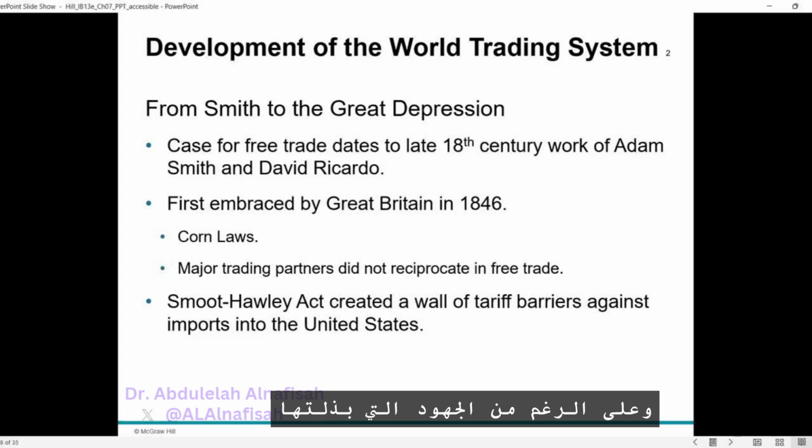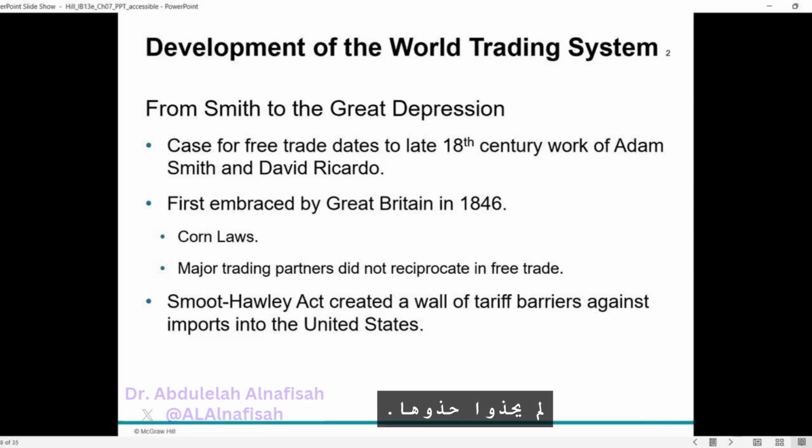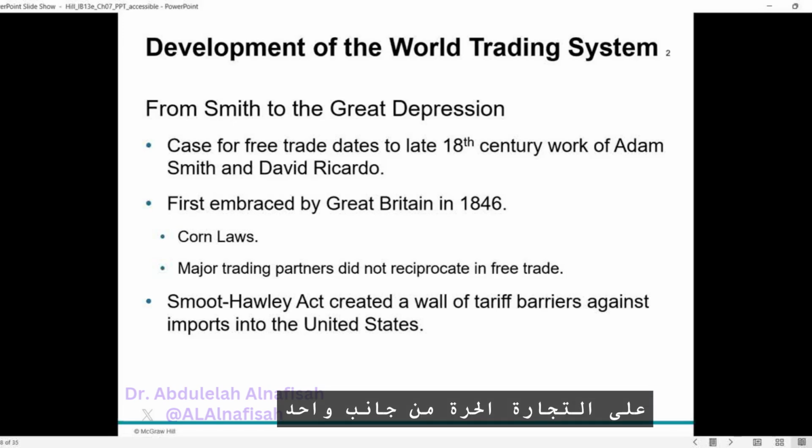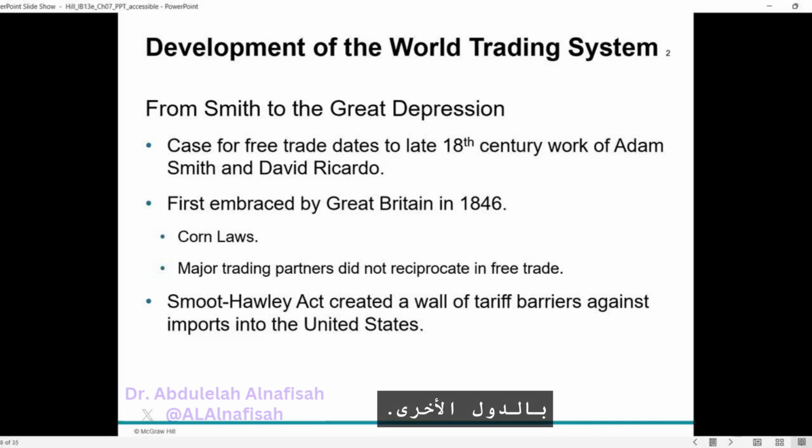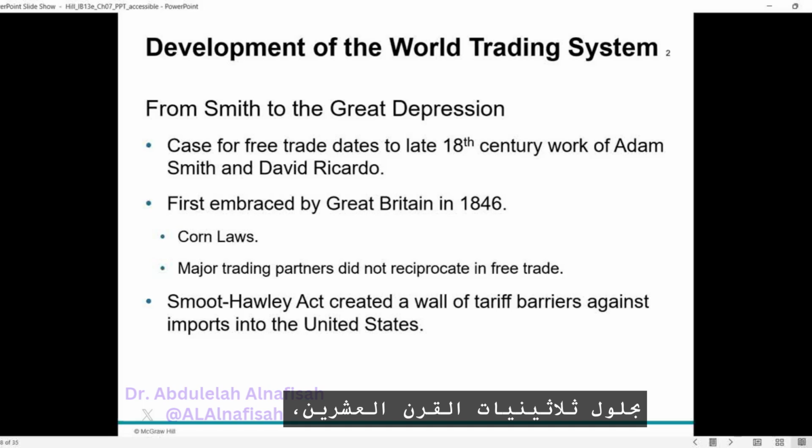Despite Britain's push for trade liberalization over the next 80 years, its major trading partners did not follow suit. Britain, as the world's largest exporter, maintained unilateral free trade because it had more to lose from trade wars than other nations. By the 1930s, Britain's free trade efforts were undone by the Great Depression, worsened by the 1929 U.S. stock market collapse.